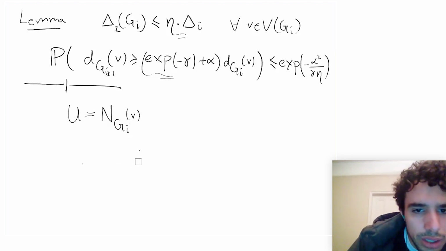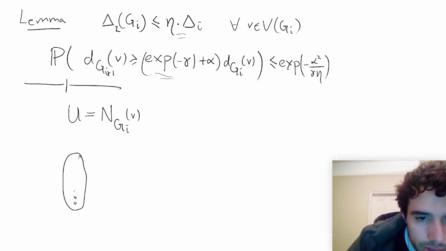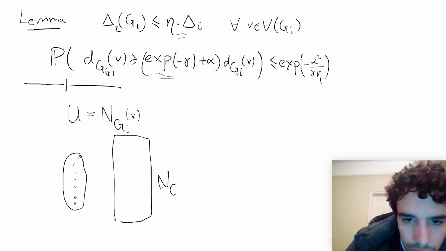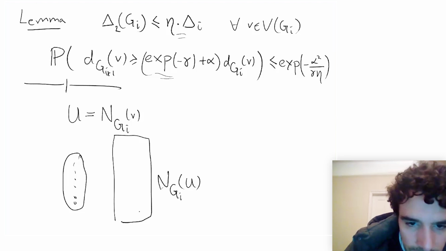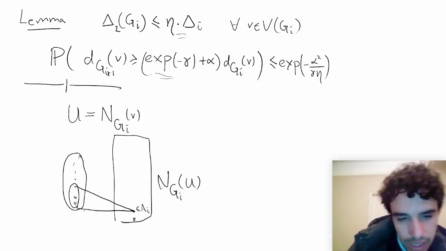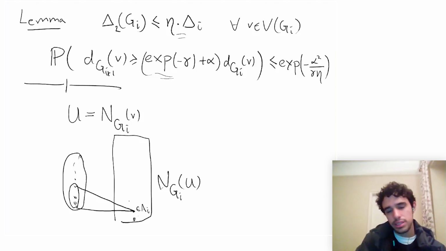So what we will look at is U, and this larger set, which is the neighborhood in G_i of U. And now we go through the vertices here one by one and reveal whether they are in A_i or not. This defines a martingale, because every time a vertex is in A_i, we delete its neighborhood from U. And we just want to know what is the size of U when you're done with this process.